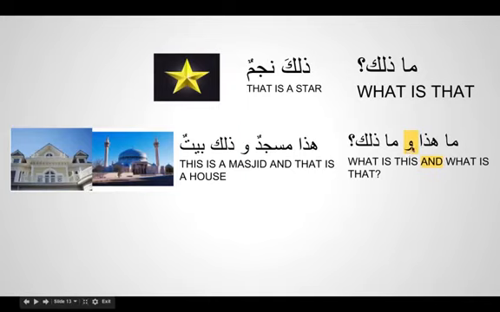What is this wow doing in a sentence, which means and. This wow is called harfu atfin. Sorry, it's a spelling mistake here. It's not ghain, it's ain. Harfu atfin. So this harfu atfin is used to connect two parts of a sentence.